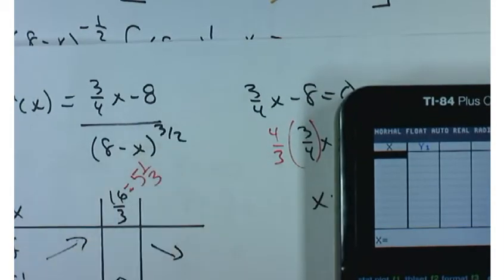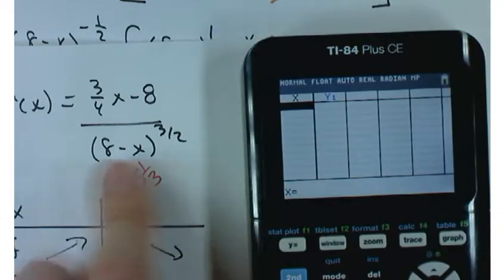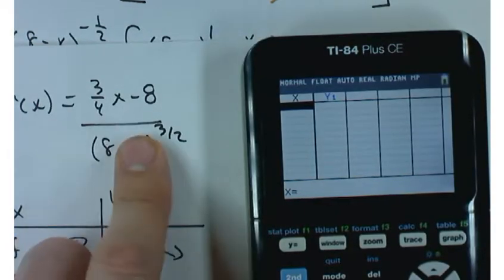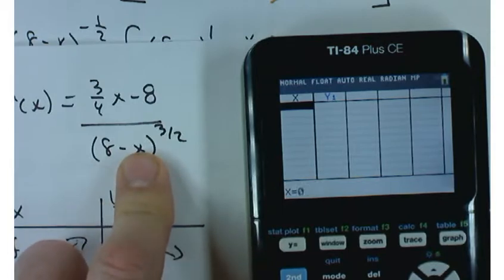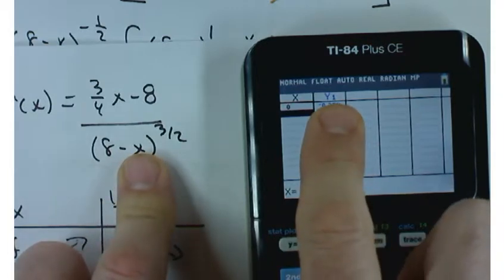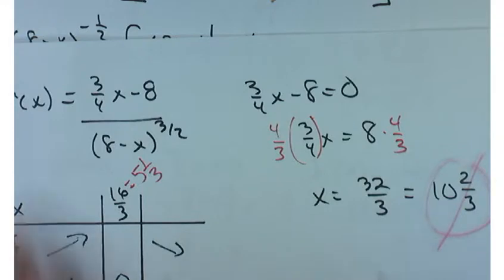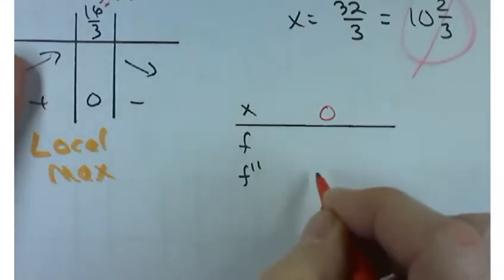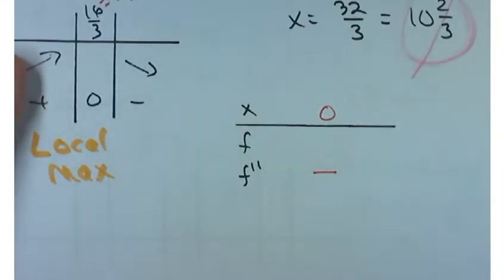Well, at 8, the function stops. Anything less than 8 would be a good choice. So you could choose like a 0 if you wanted to. Keep it simple. 0 gives us something negative. So we chose 0, and the second derivative was negative.